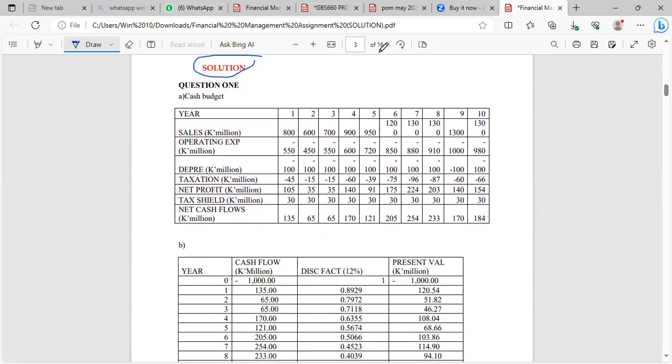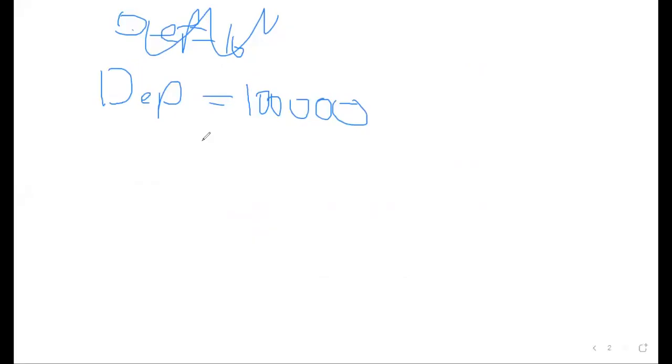Tax shield simply means tax on depreciation. The reason is very simple. We just account for depreciation, but it doesn't necessarily mean that the physical cash is going. We just account for it, but it does not mean that the physical cash is going.